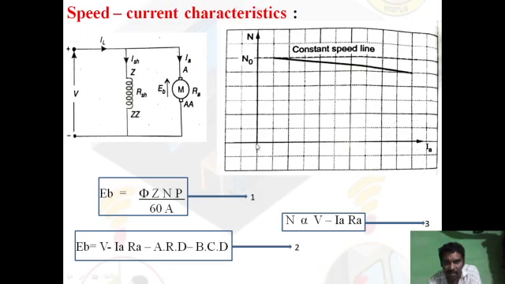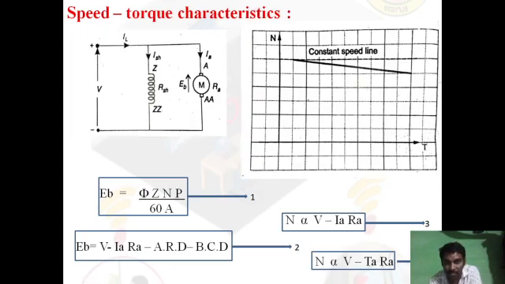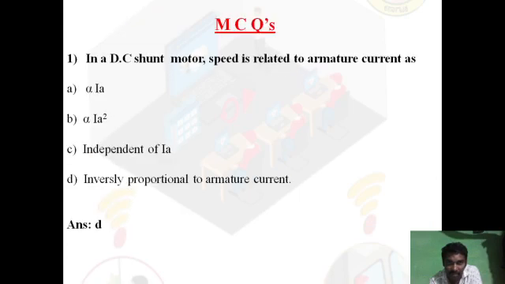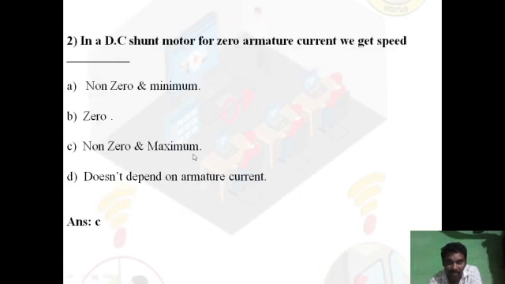At zero current, Ia is zero. What is the speed? It is maximum. If you observe N naught, it is running at maximum speed, that is the no load speed. So the speed is maximum, it is non-zero. We can go for option C.